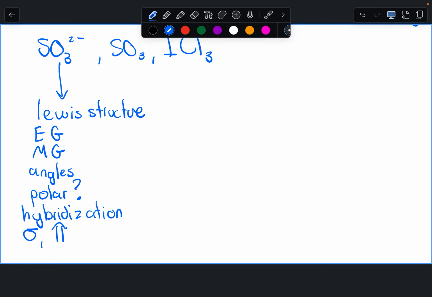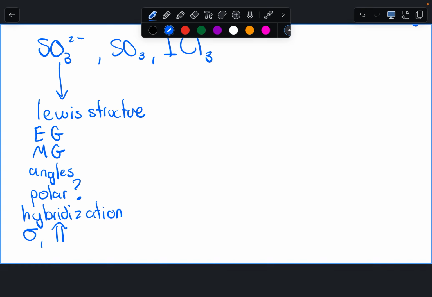Specifically about the molecule polar thing. Does it tend to be where it's not polar if there are no lone pairs within the molecular structure? That is a good place to start. As long as all the atoms on the outside are the same, like in this picture, those are all chlorines.